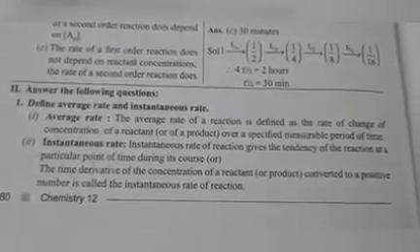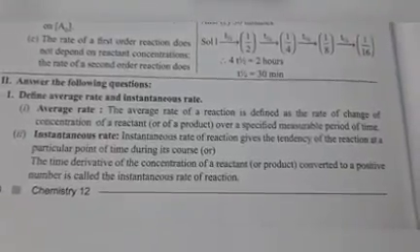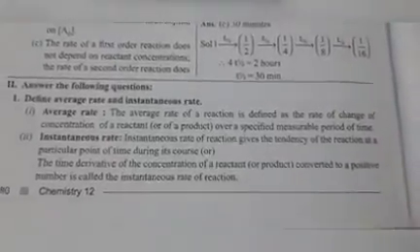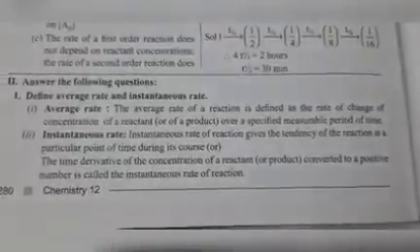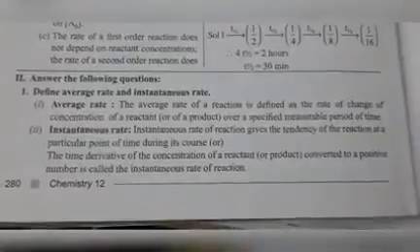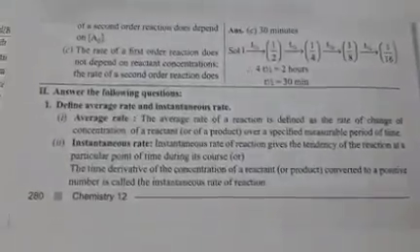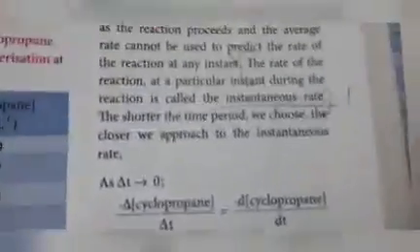Next one, instantaneous rate. Instantaneous rate of the reaction gives the tendency of the reaction at a particular point of time during its course, or the time derivative of the concentration of the reactant or product converted to positive number, that is called as instantaneous rate of reaction. That only given in your book.